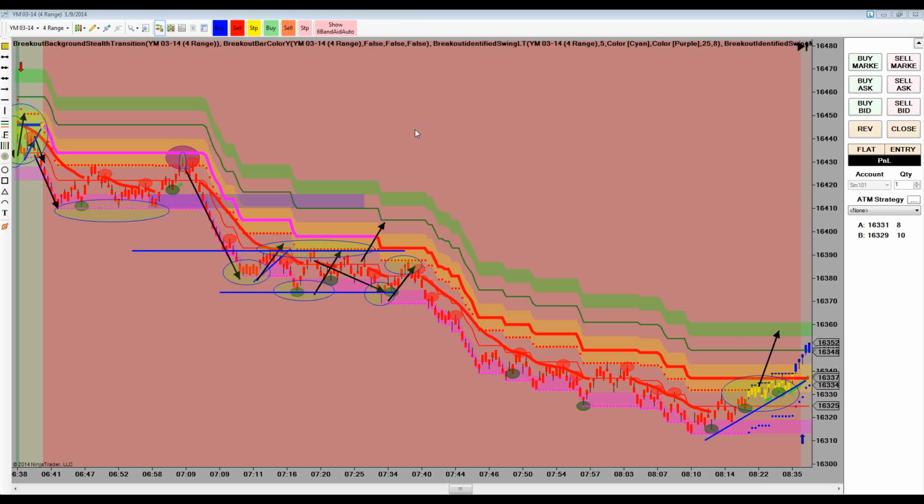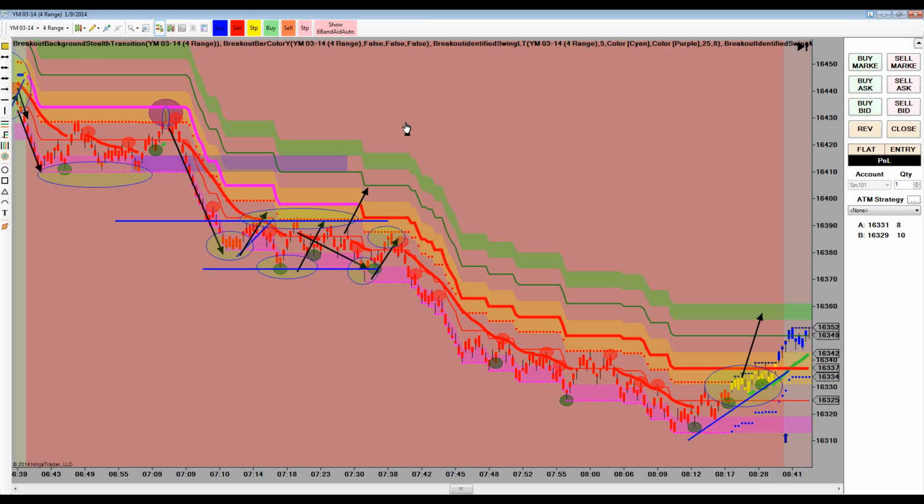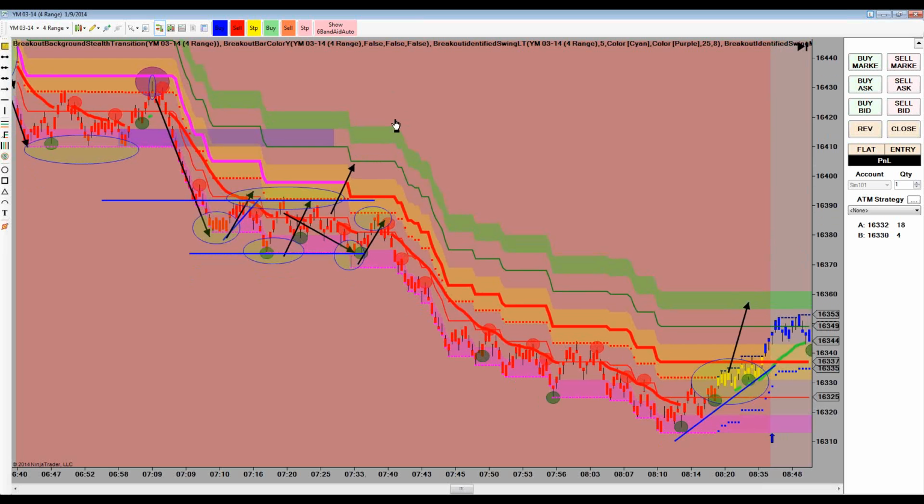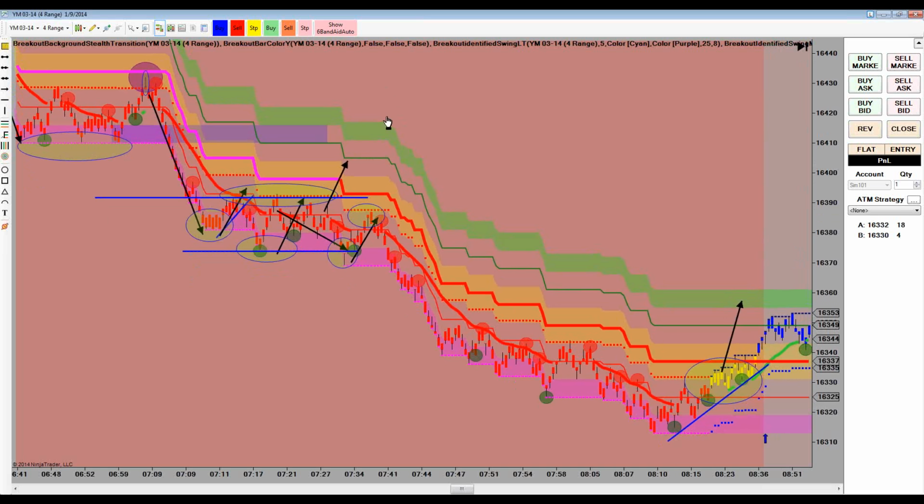I'm going to advance the chart, and you tell me when you think the market trend has changed, or if it's changed at all. How about now? What is it doing? What's the market doing right now? You're watching it.